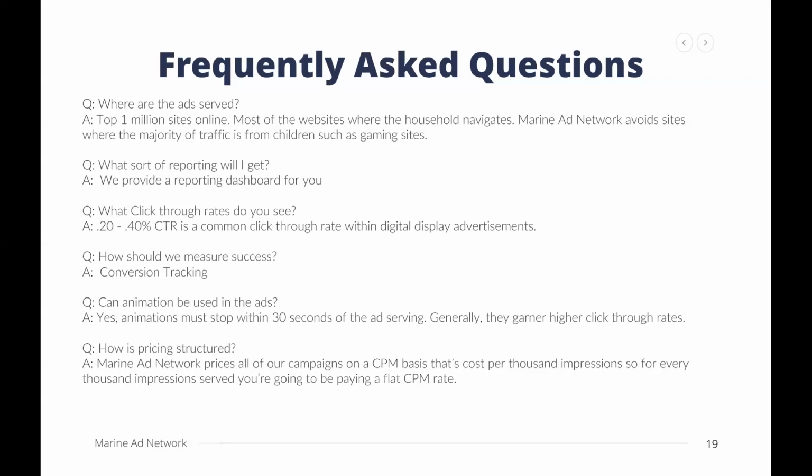What kind of click-through rates do you see? All right, so I just put kind of an average. So 0.2 to 0.4 is pretty common, which is well above industry average for click-through rates. Now, that being said, that number is all over the place depending on what your ads look like.